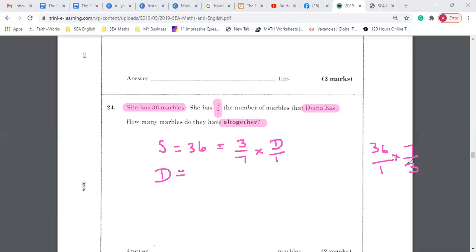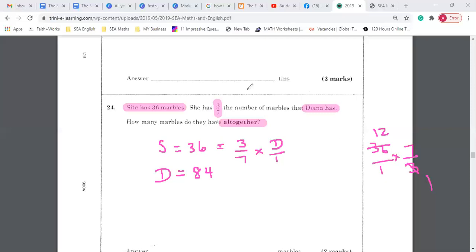So we need to find the whole of that. The part is 36 marbles, or 3 out of 7. The whole is what we're going to find. So we're breaking this down. 3 into 3 is 1. 3 into 36 is 12. 12 multiplied by 7 is 84. So Diane has 84 marbles.